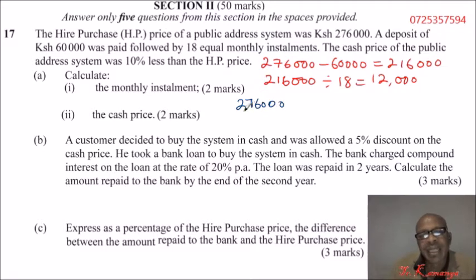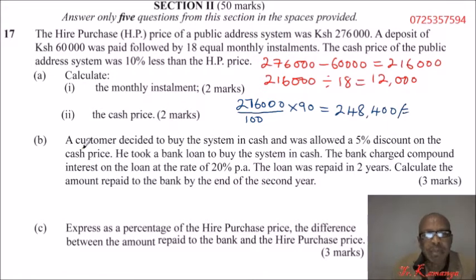So we divide by 100%, and since it was 10% less, you multiply by 90%. When you compute that, you should get 248,400. So this is the cash price, which is 10% less than the hire purchase price.